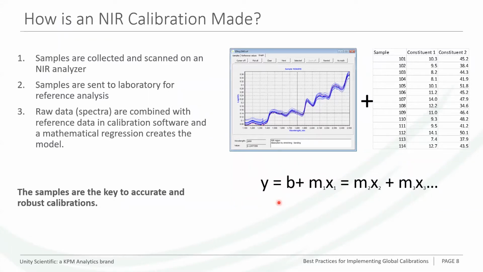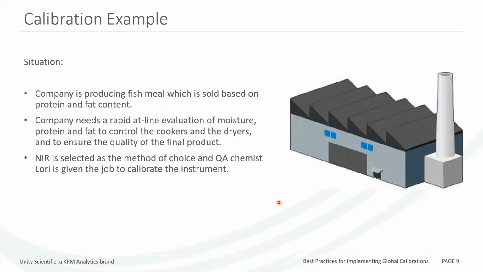Well, how does that relate to a global calibration? I'm going to use a little example here and go through a calibration process to demonstrate what the process might be for developing a global calibration. So here's my situation, a hypothetical situation.